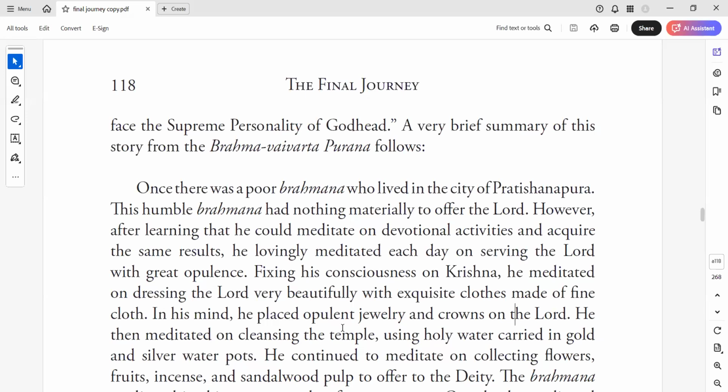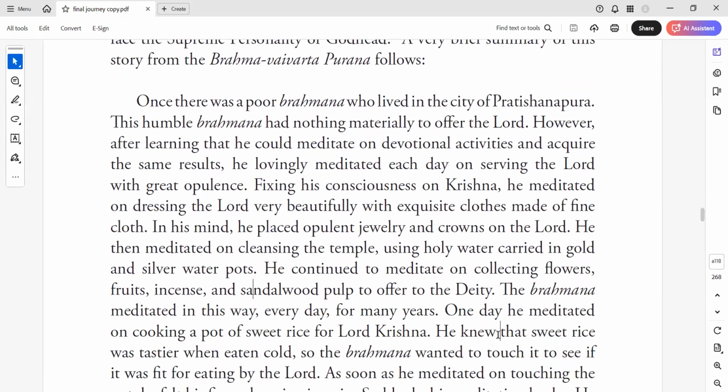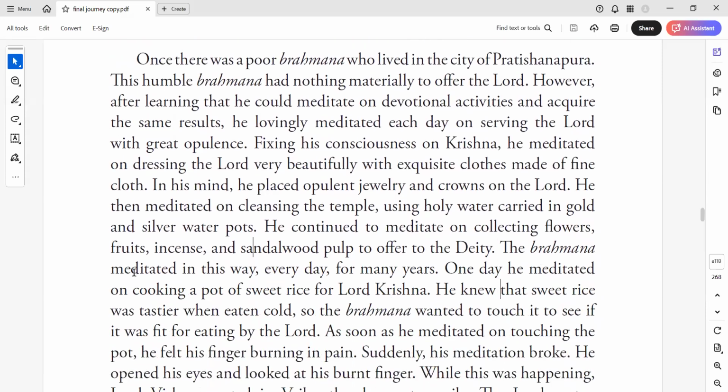In his mind, he placed opulent jewelry and crowns on the Lord. He then meditated on cleansing the temple using holy water carried in gold and silver water pots. He continued to meditate on collecting flowers, fruits, incense, and sandalwood pulp to offer the deity. The Brahmana meditated in this way every day for many years.